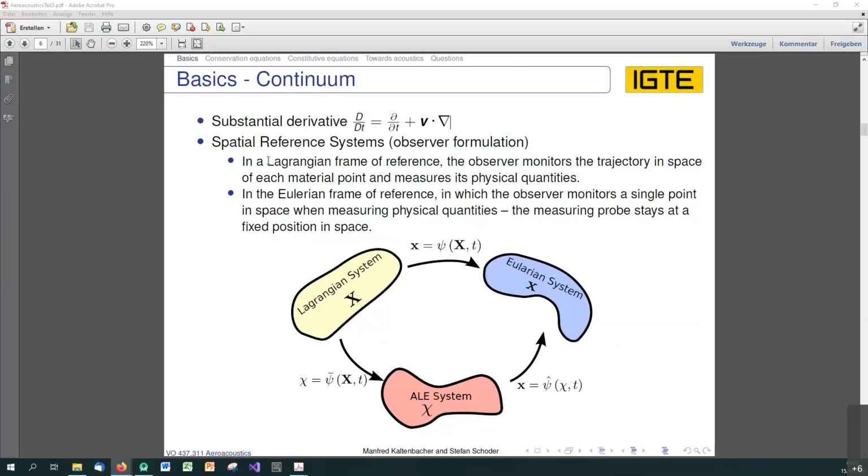The one is the Lagrangian frame of reference, and the other is the Eulerian. So the Lagrangian is that the observer monitors the trajectory in space of each material point and measures its physical quantity.